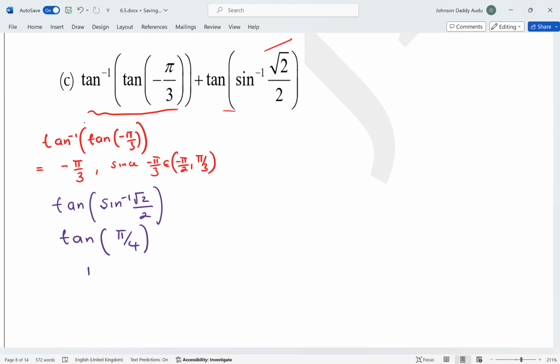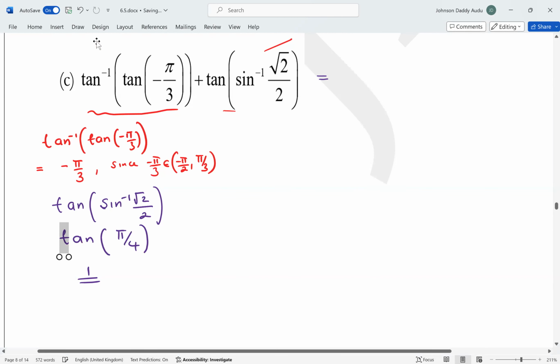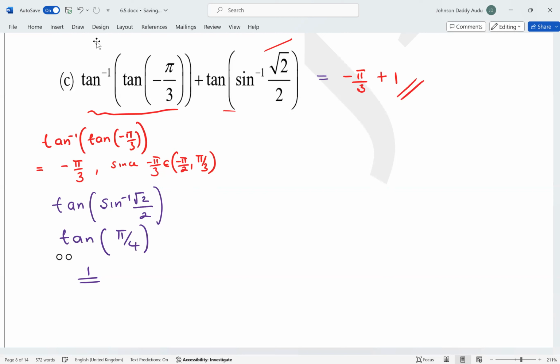It's just 1, which is tan 45. So the answer for this is just going to be minus pi over 3 plus 1.